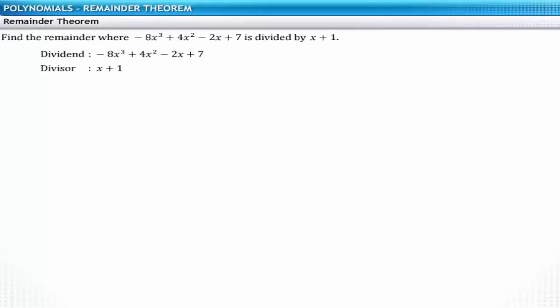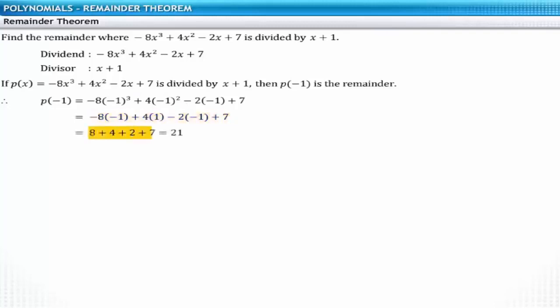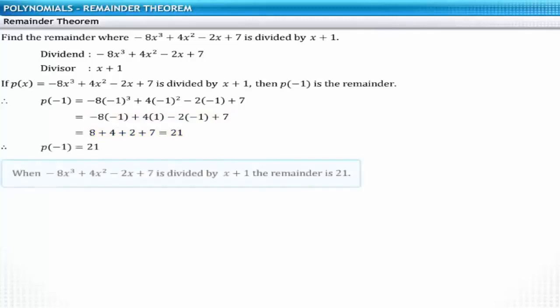According to the guidelines provided, if P of x is divided by x plus a, then the remainder is P of minus a. Therefore, in this problem, the remainder is P of minus 1. If you replace x with minus 1 in the polynomial P of x, you get the remainder is equal to 21.